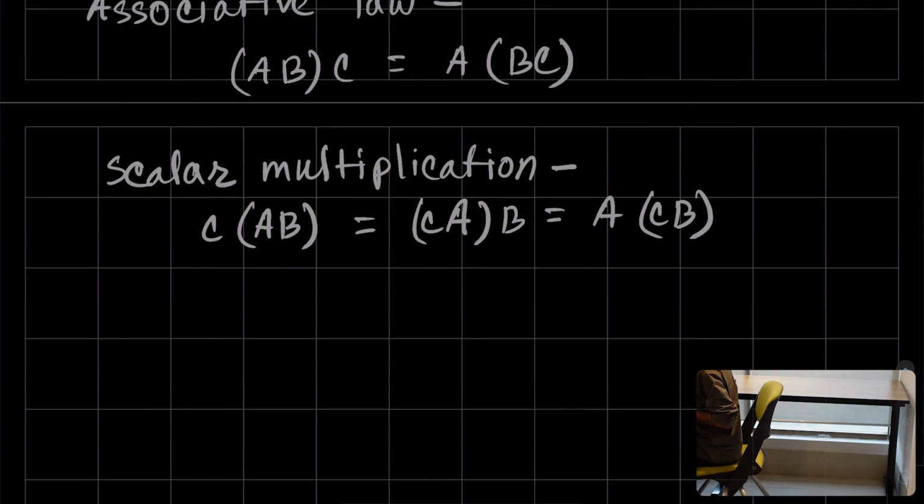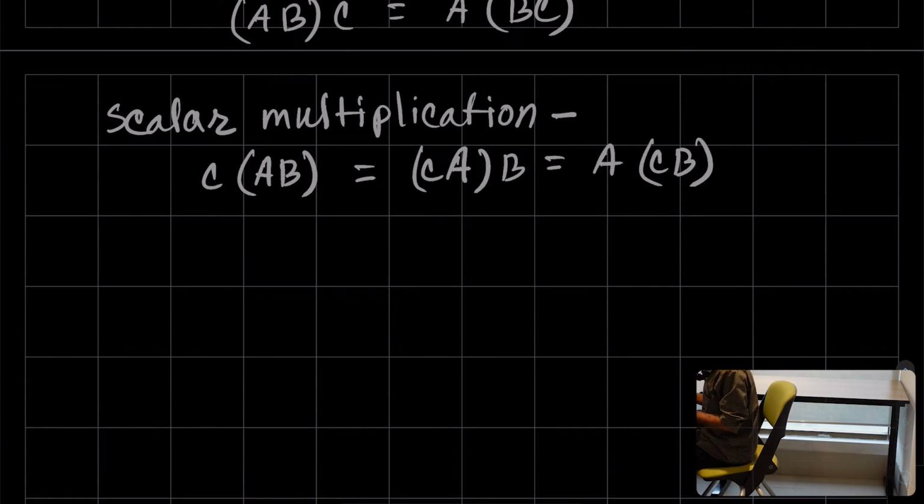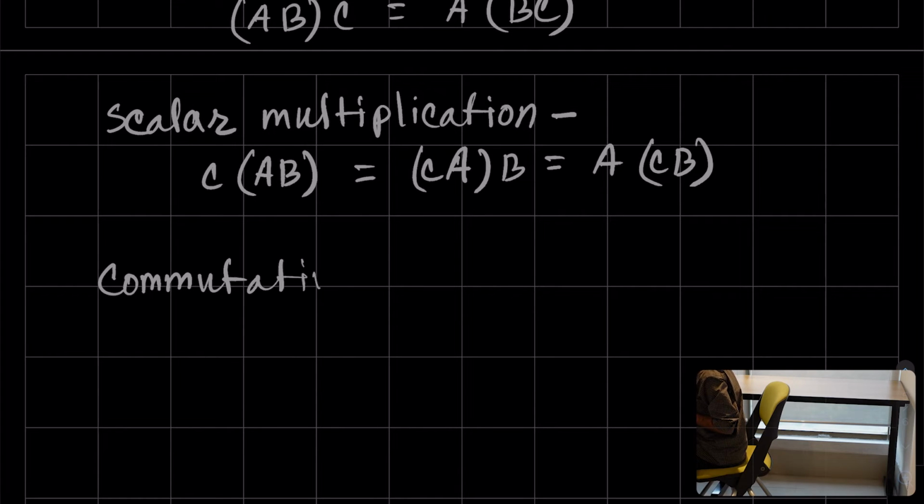Okay. Finally, matrix multiplication is not commutative. So in general, it is not true that AB is equal to BA.